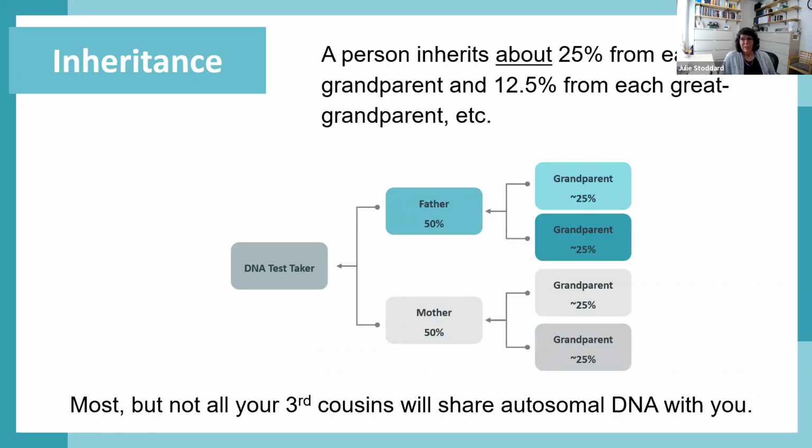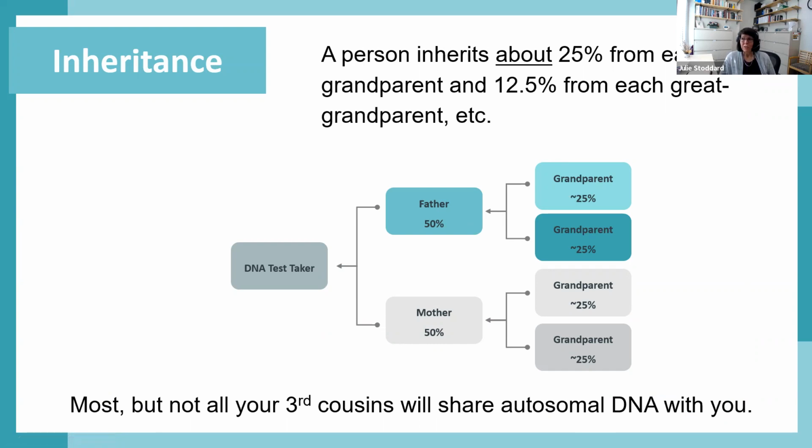So what this means is, obviously, we get 50% of our autosomal DNA from our father and 50% from our mother. But because when my father got it from his parents, they were recombining, I'm not going to get an exact 25% from my grandpa.